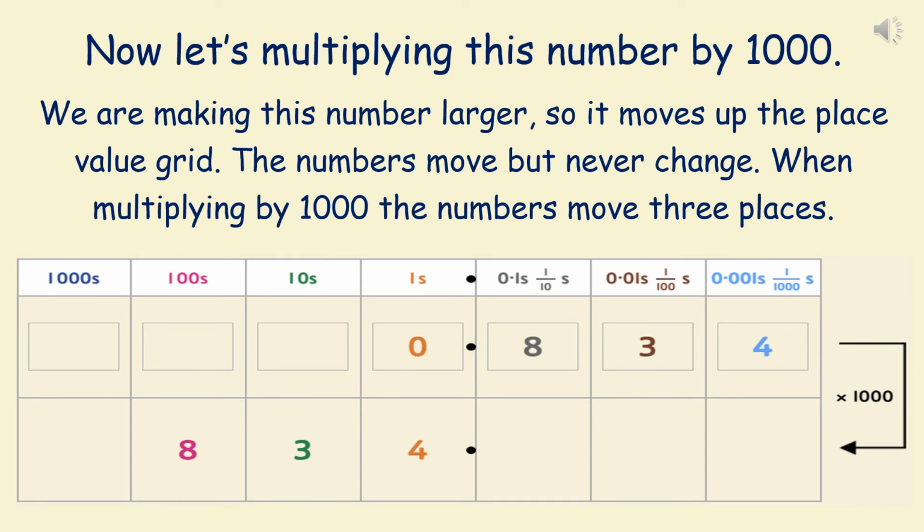And finally, let's multiply this number by 1000. We are making the number larger again, so it moves up the place value grid. Like always, the numbers move but never change. And when multiplying by 1000, we move the numbers three places, making the number 834.